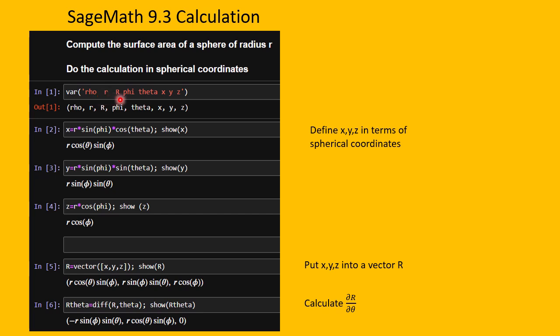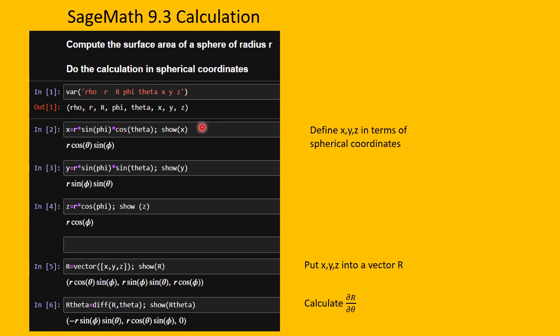Capital R is going to be the position vector for a point on the surface of that sphere. Phi and theta are the angles in spherical coordinates. x, y, and z are the three coordinates in rectangular coordinates. So we execute this statement, and these variables are now defined.